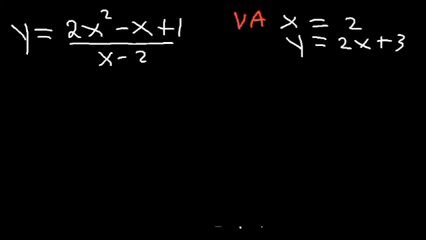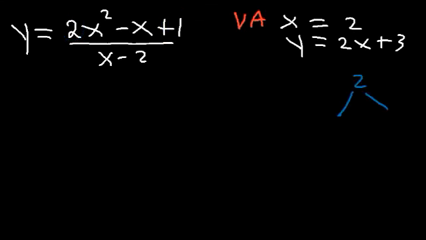Now the next thing we need to do is factor the numerator to see if x minus 2 is a hole. We really didn't check that, but we should, because if it's a hole, then the vertical asymptote won't be x equals 2. So let's double check. We have a trinomial where the leading coefficient is 2. So we need to multiply the leading coefficient by the constant term. 2 times 1 is 2.